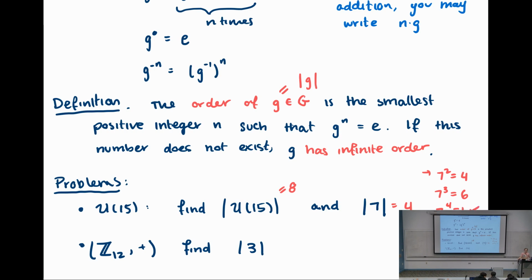So that's the smallest positive integer that gets you back to the identity. And then for the order of 3, again, in this group we're using addition. So 2 times 3 is 6, 3 times 3 is 9, and then 4 times 3 brings us back to 0. So the order of this would be 4.